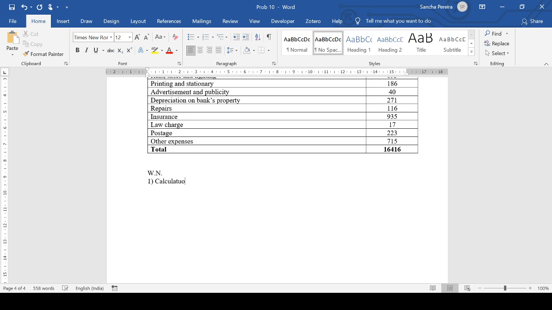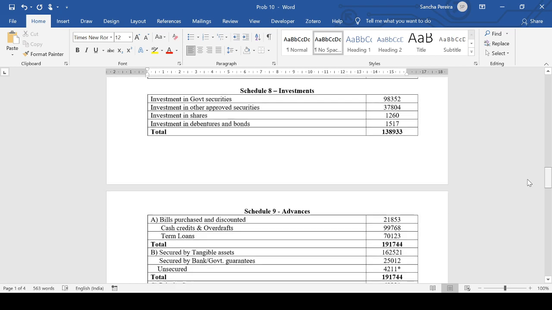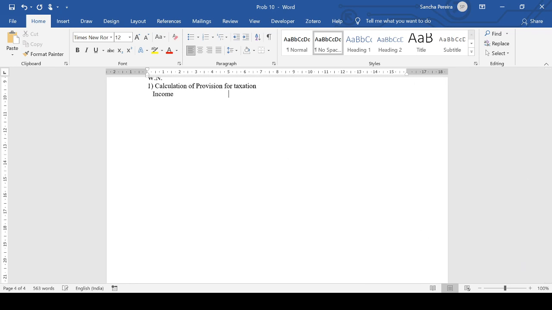Calculation of provision for taxation. So our total income is 53,664, less expenditure, which is those two items put together, 23248 plus 16416.